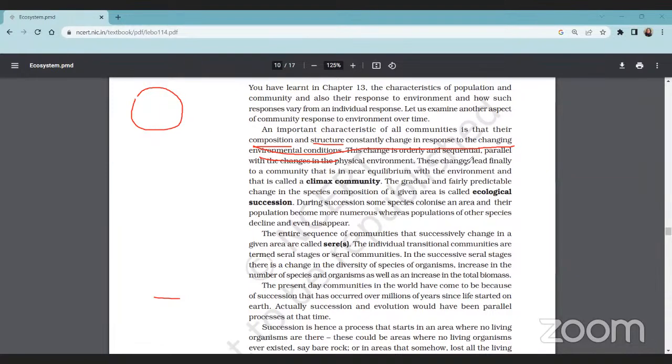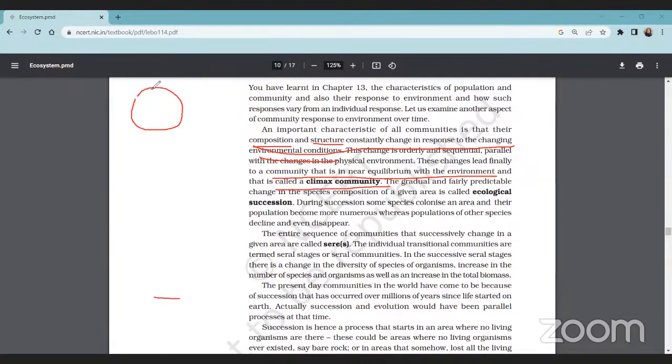These changes lead finally to a community that is near equilibrium with the environment, and that is called a climax community. What is a community?